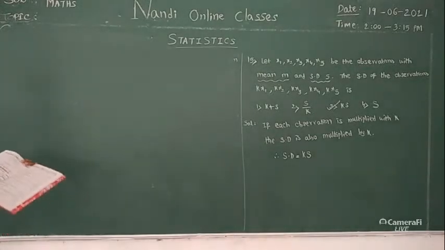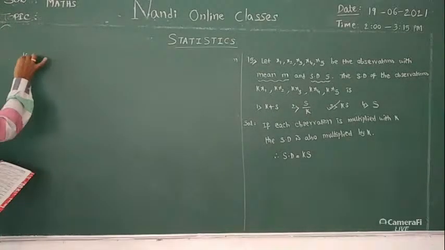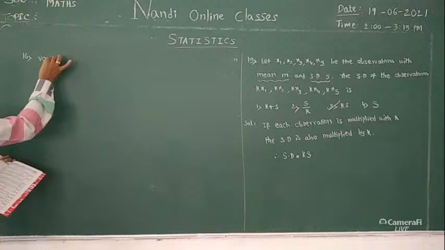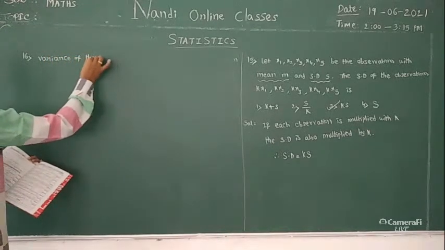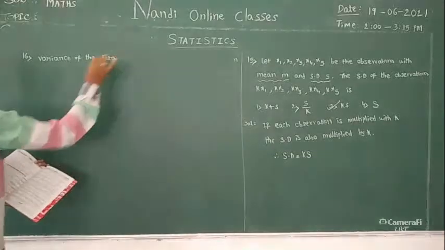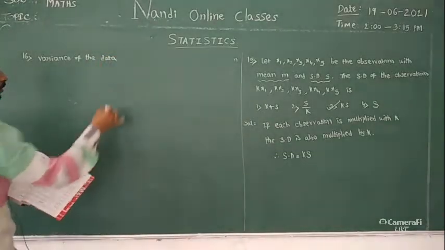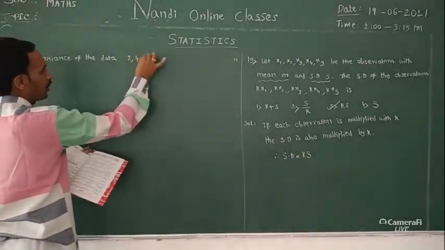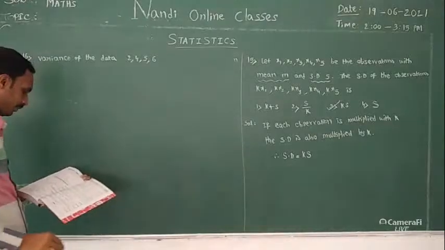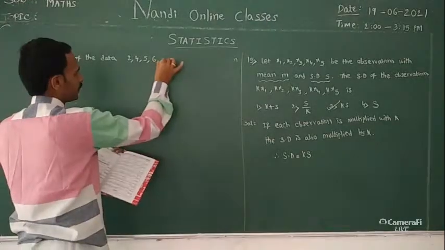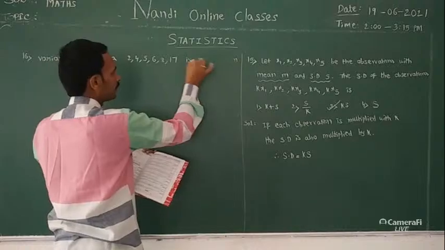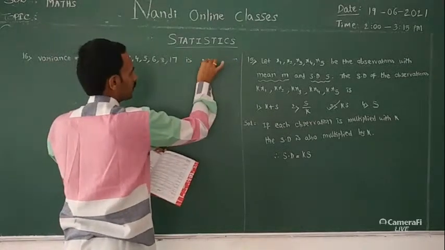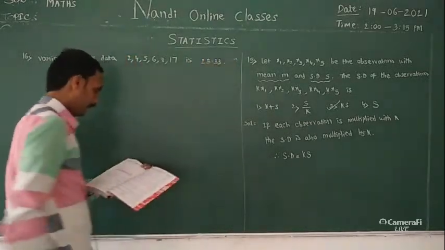Okay, 16th problem. The variance of the data 2, 4, 5, 6, 8, 17 is 23.33.